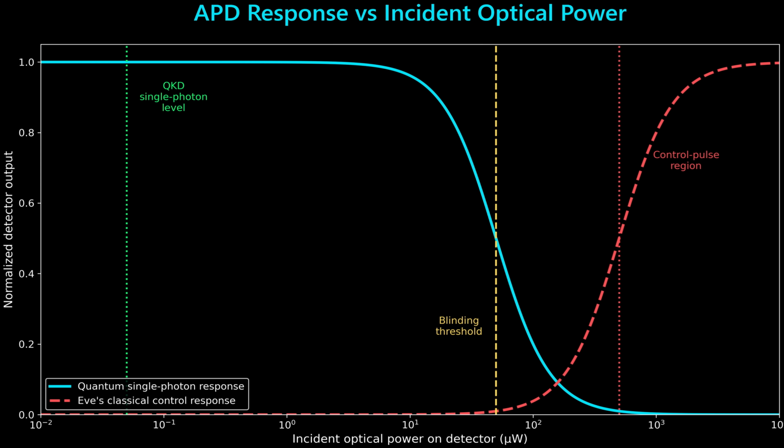The error rate is unchanged, the key length is normal, but the entire protocol has been compromised at the hardware level. This graph highlights one of the most important lessons in quantum cryptography. The security of a quantum protocol is only as strong as the classical devices that implement it. The physics is unbreakable, but the hardware is not. And when the detector is forcibly pushed into the classical regime, the entire quantum protocol collapses.